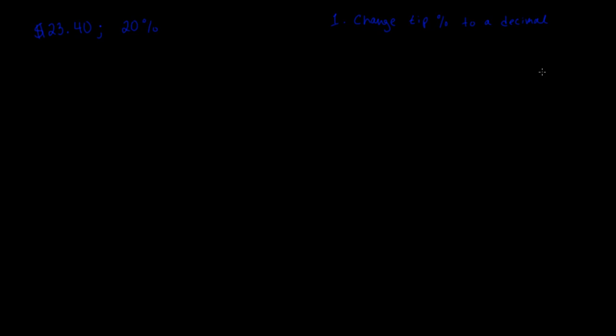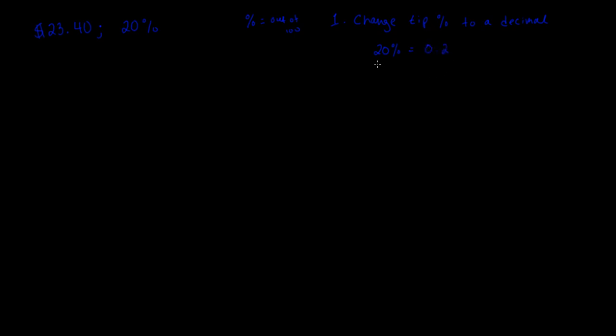Because if you remember, percent literally means out of 100. If you look at this symbol, this percent literally means out of 100. Okay. So there's a couple of ways you can do this. The way I always think of it, if I have a 20%, that's the same thing as 0.2. It means the same thing.